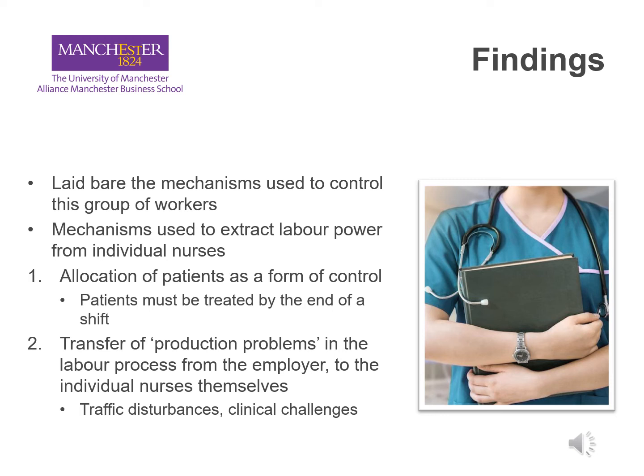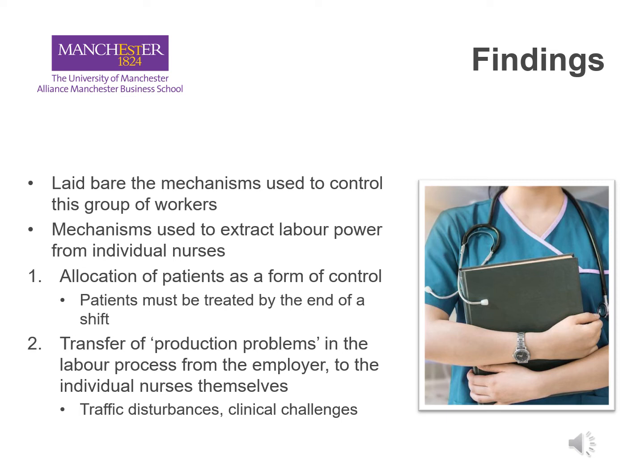So the other mechanism was the transfer of production problems in the labour process from the employer to the individual nurse themselves. And these varied, but were in some cases traffic disturbances. So you can imagine if you were travelling across the length and breadth of a city, that you are going to come across traffic issues. Some of them you may be aware of that you can't avoid as a nurse.